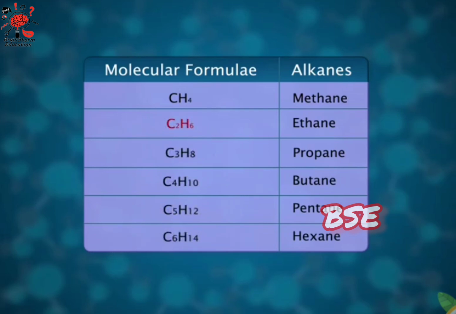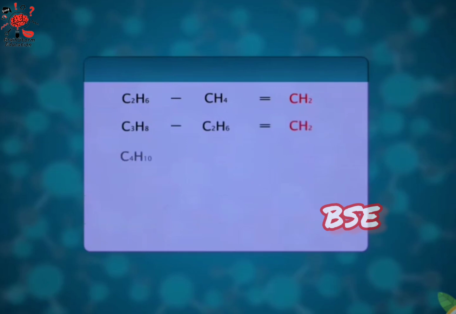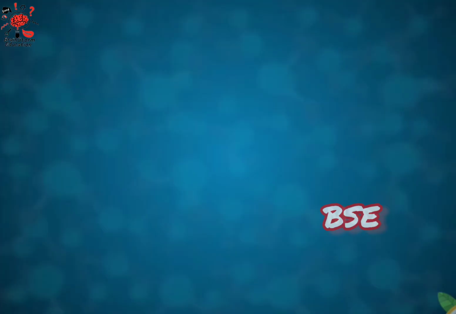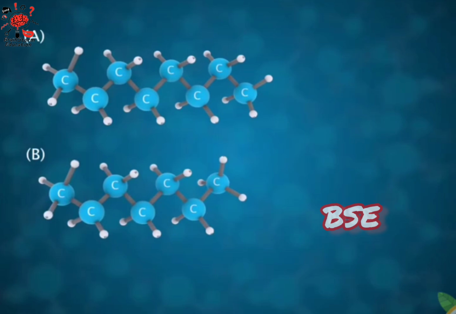The successive members of the homologous series differ in their molecular formula by a CH2 unit. Look at the structures of two consecutive members of the homologous series of alkane, A and B, given here.